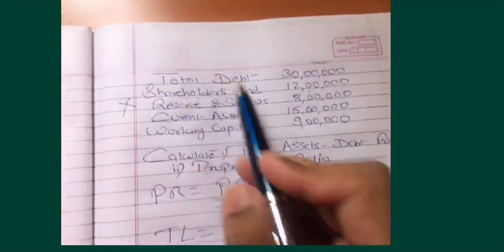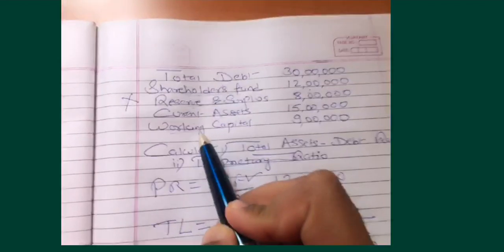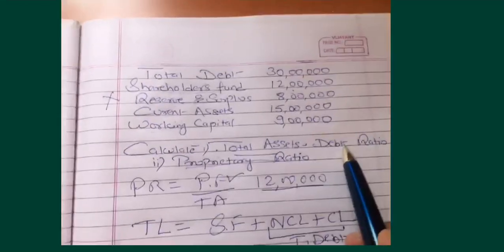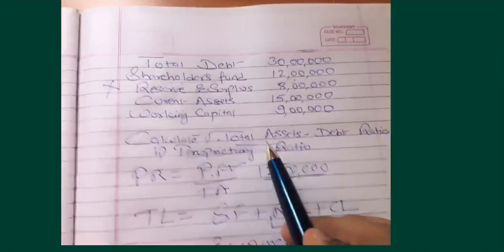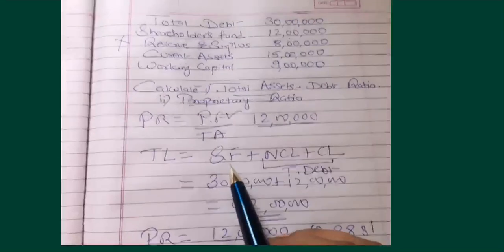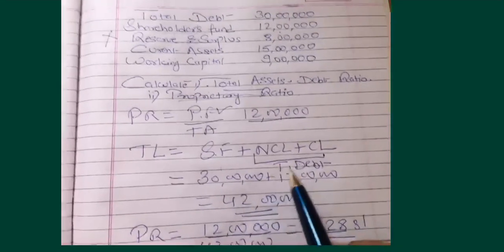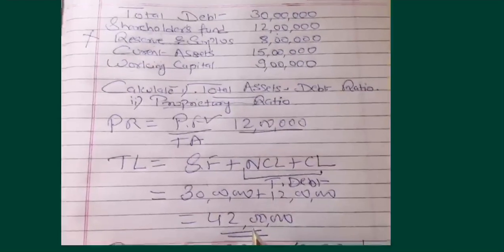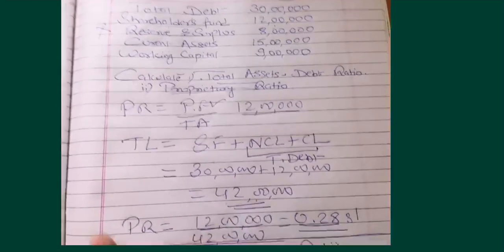So in this type we calculate the value of total assets to debt ratio. The second example is again the same, and from this example again we'll calculate the total assets to debt ratio. Total assets we have already calculated in this question, that is shareholders fund along with which we have added total debt. So the value of total assets, or your total liability, will be equal to 42 lakh.